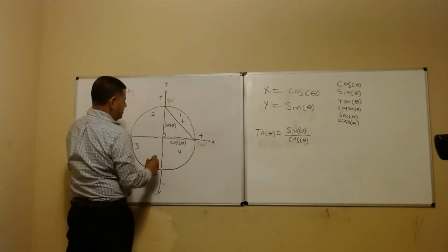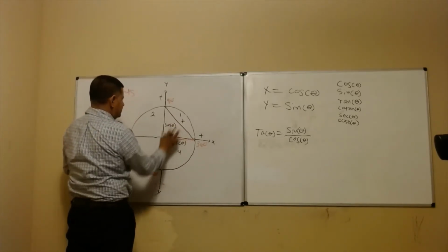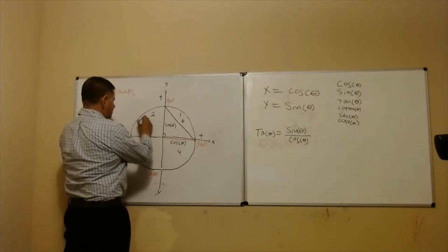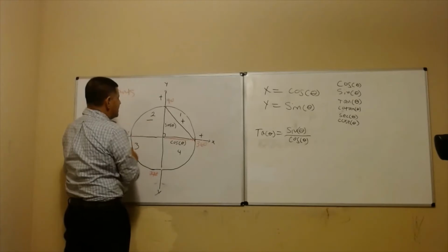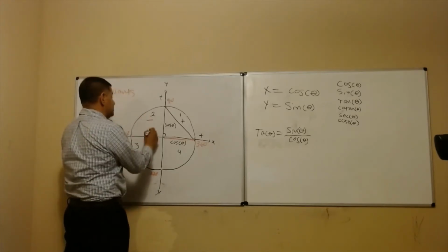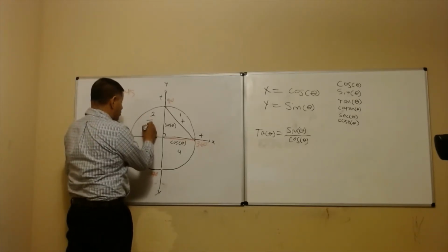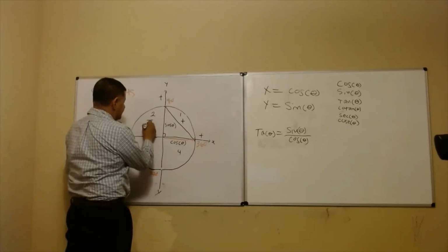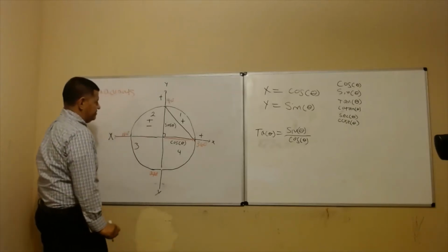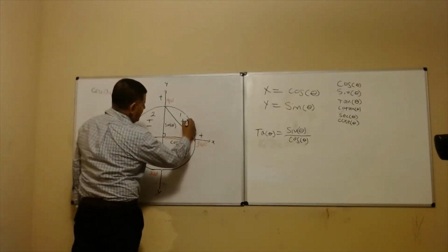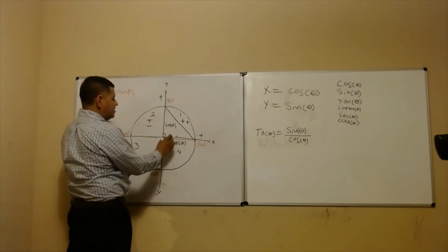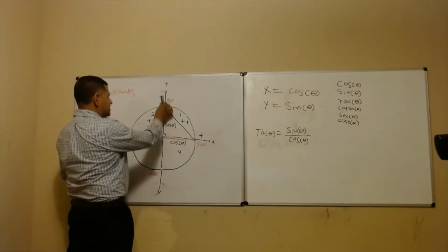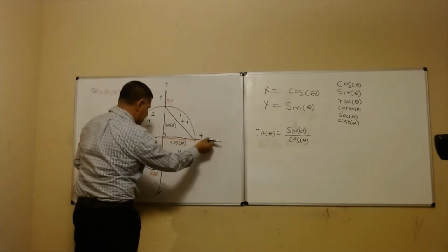Here, sine and cosine are both positive, because y is positive going up and x is positive going that way.